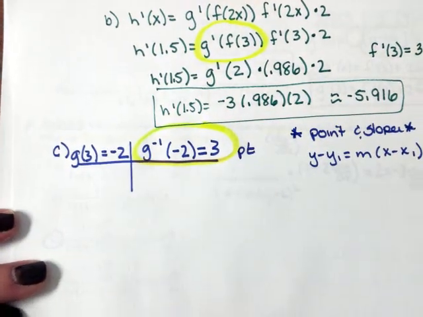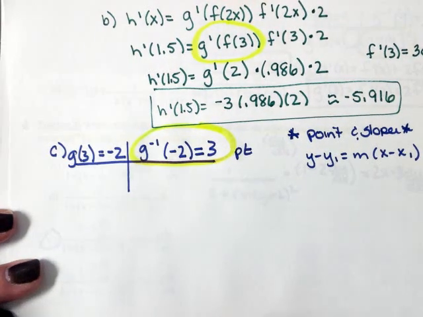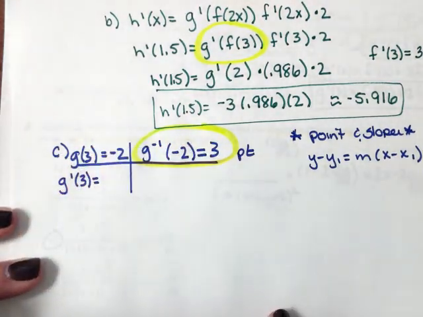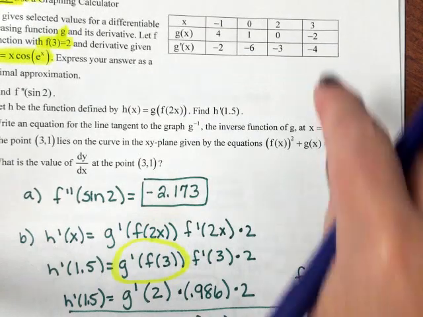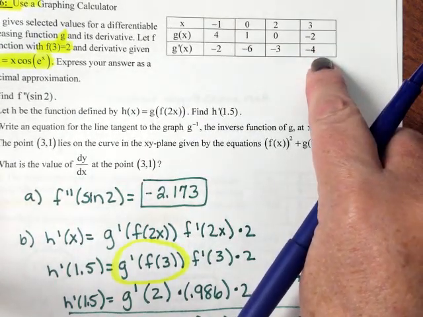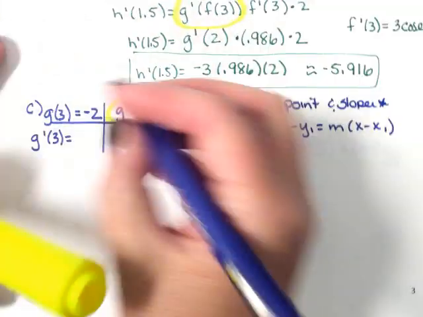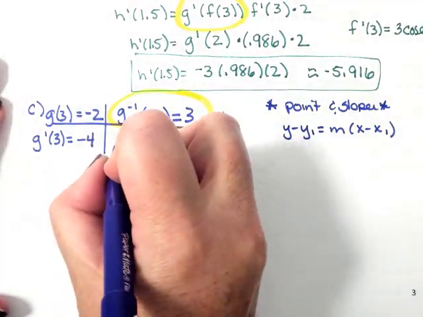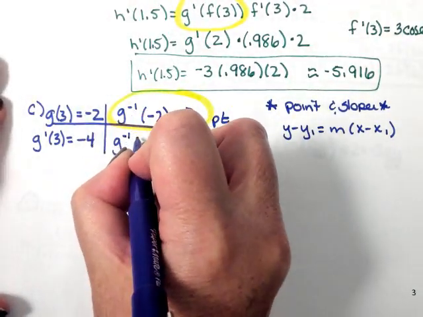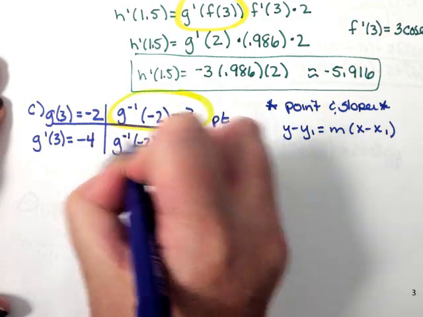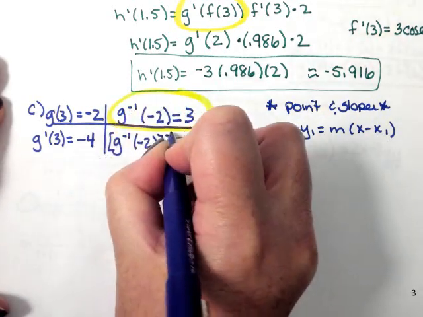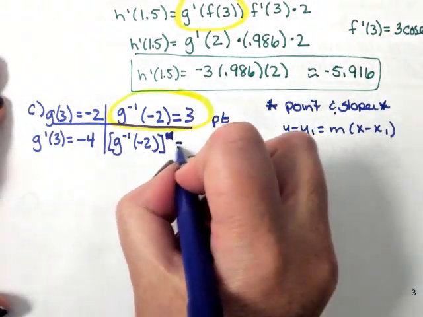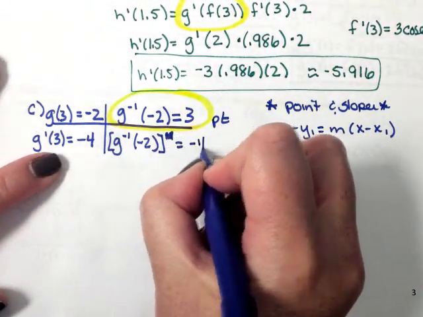Now I have to worry about the slope, which I know comes from the derivative. So what I need to then do is find g prime of 3. From my table, g prime of 3 is equal to negative 4. So then by my relationship of a function and its inverse and the derivative, I know the value of the derivative for the inverse of g is going to have to be the reciprocal, which is negative 1/4.